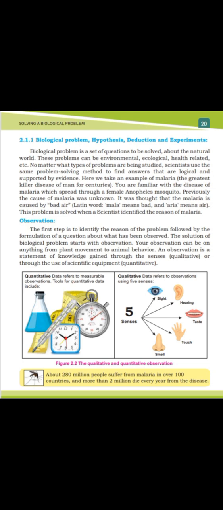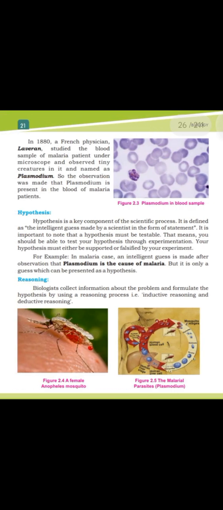So let's move ahead. In case of malaria, how was observation made? In 1880, a French physician named Laveran studied the blood of a malarial patient, and what did he see there?